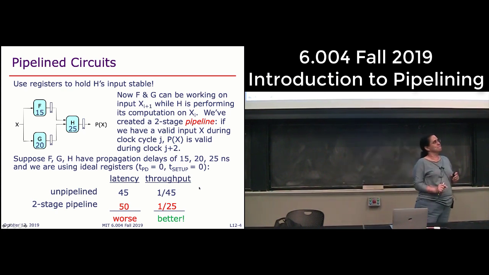Wait, where did you get the 2 times 25 from? So basically what happens is we have to run 2 iterations of the clock. In the first iteration, I'm having F and G do their computation. But even though F and G are faster than 25, my clock has to run at a set speed for every single cycle.